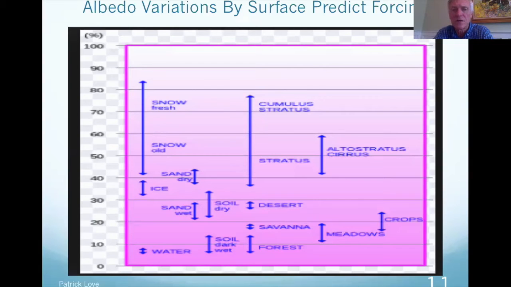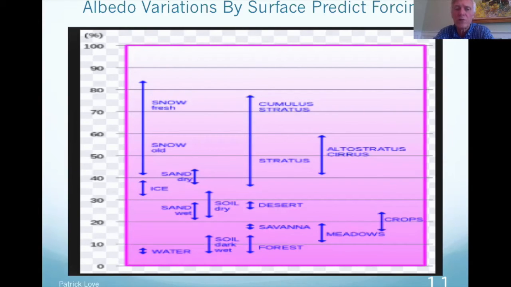Cumulus clouds are in the 70% range, stratus clouds in the 50%. You go up to cirrus clouds, they're in the 50% range. And if you look at deserts, they're closing in on 30%. Dry soil is at 30%. Forest is way down at 10%, right? Centered around 10%. Dark soil is 10%. Water is very low, below 10%.